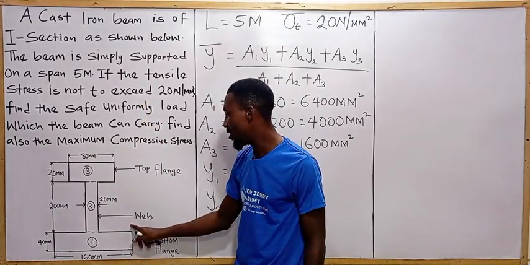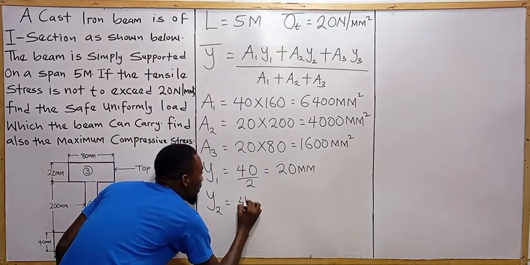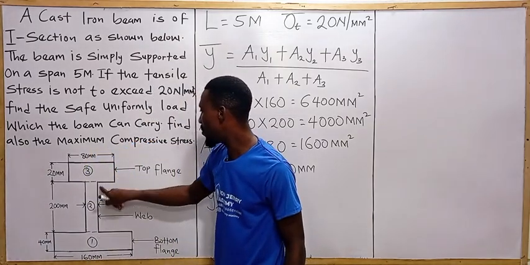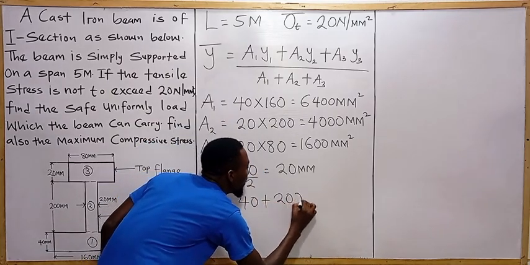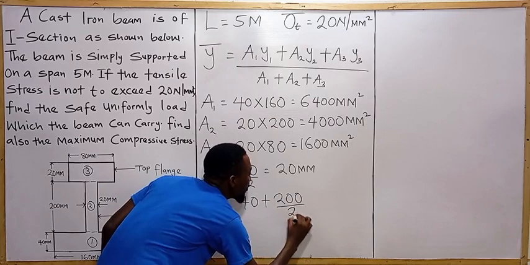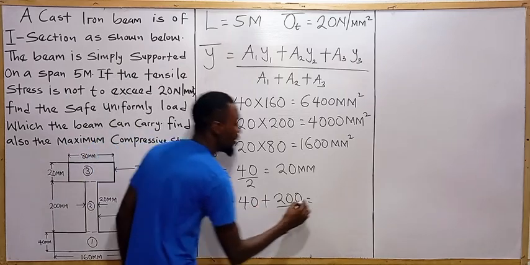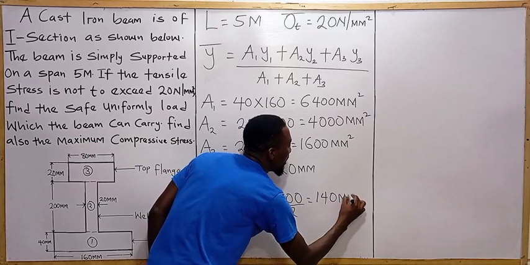From this point to this point is 40, so it's going to be 40 plus, then from this point to this point is 200, so it's going to be 200 divided by 2. So 200 divided by 2 is 100. 100 plus 40 is 140. So I'm going to have this to be 140 mm.